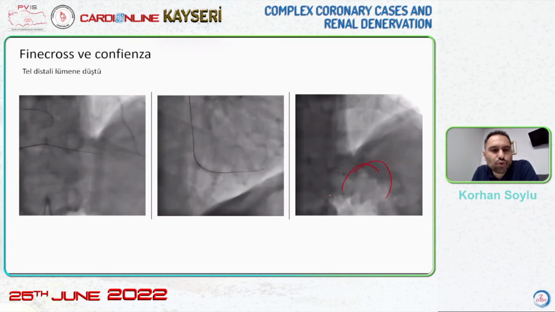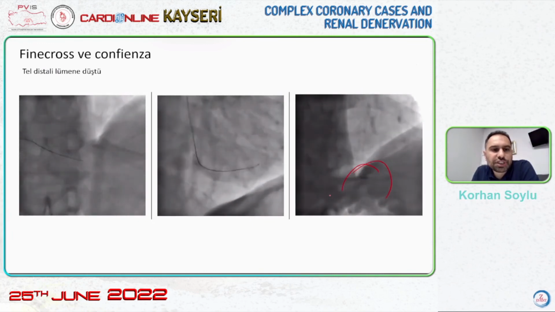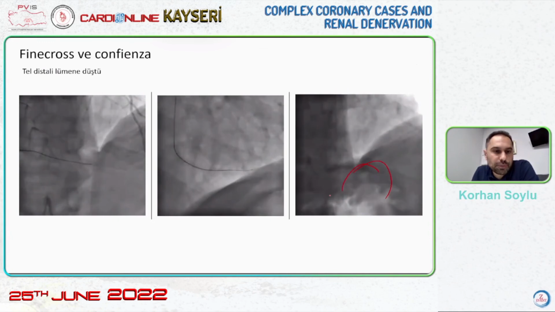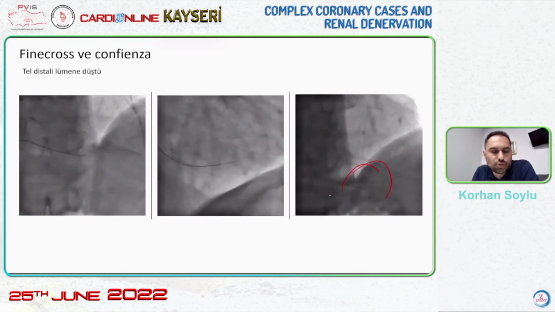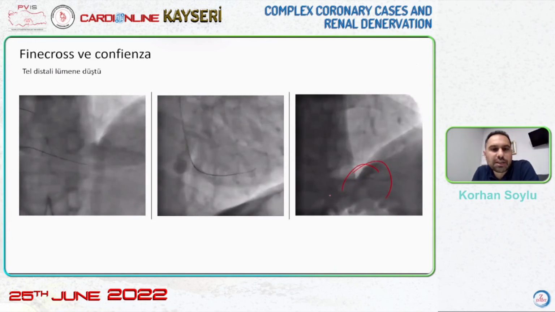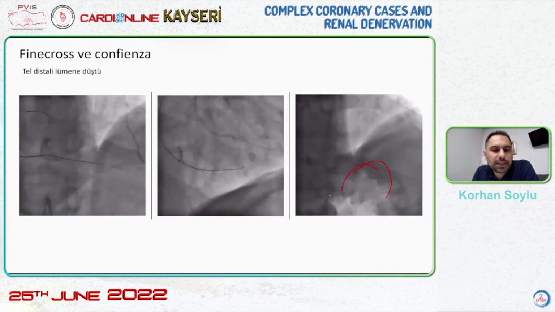The pressure trace that you take from the microcatheter may help to verify your location. Or if you see good bleeding, you can also verify it.